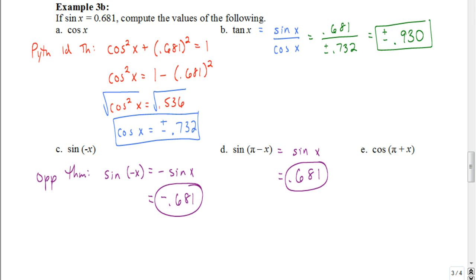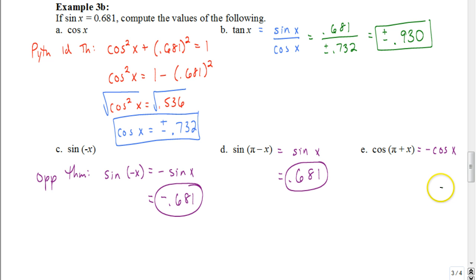And lastly, again, this is in radians, and this is 180 plus x. Remember, if we're adding 180 degrees to something, we're dealing with the half turn. So we're going to deal with the half-turn theorem. And the cosine of pi plus x, according to that theorem, is going to be the opposite cosine of x. Well, we found what the cosine of x was back in step A. In step A, we found that it's going to be plus or minus 0.732.